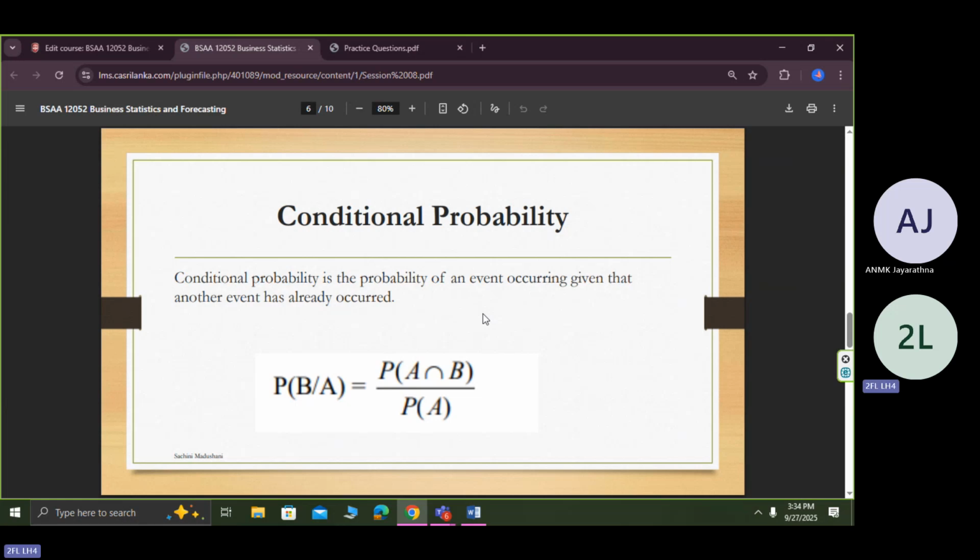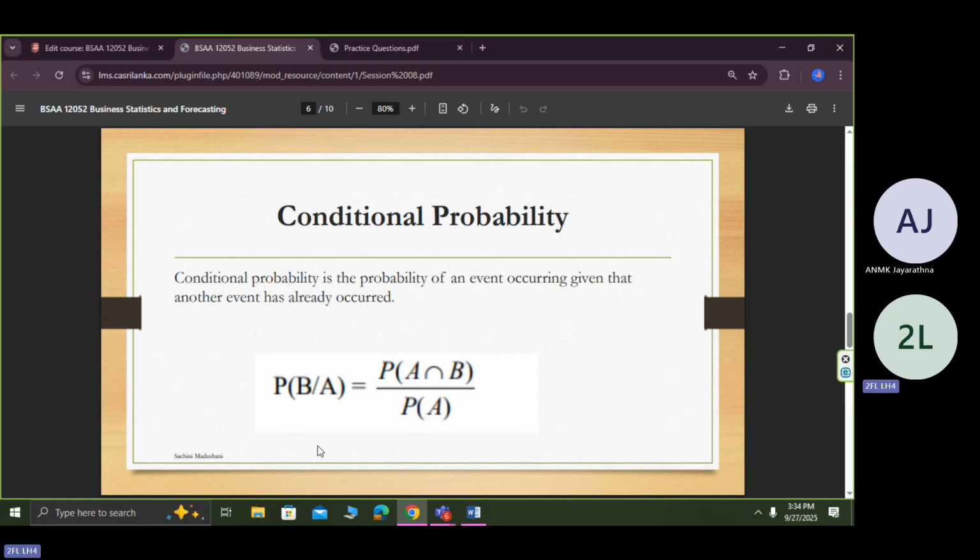Understood? Okay. Conditional probability is the probability of an event occurring given that another event has already occurred. Then we find the probability of the second event. It means the first event has already occurred.